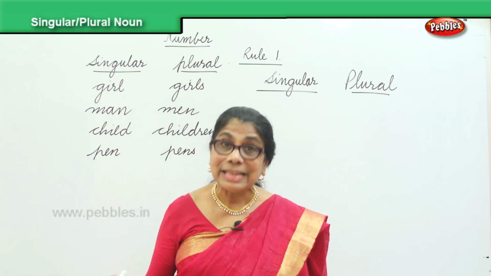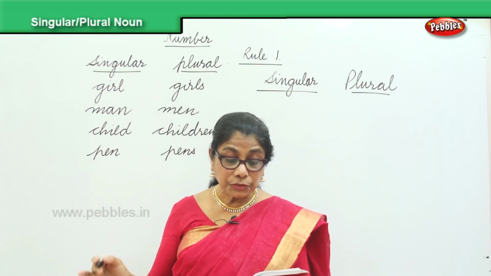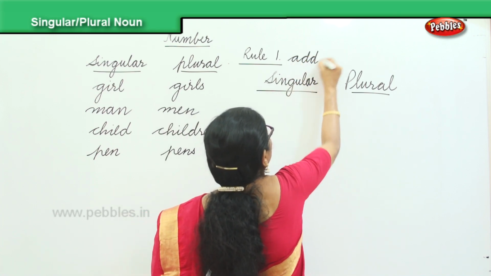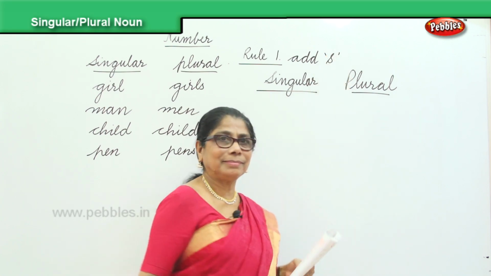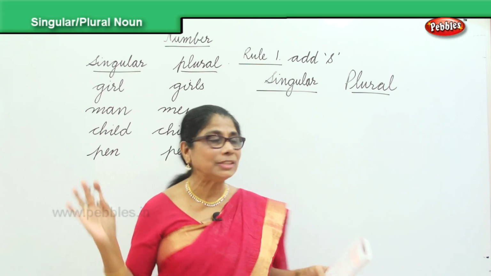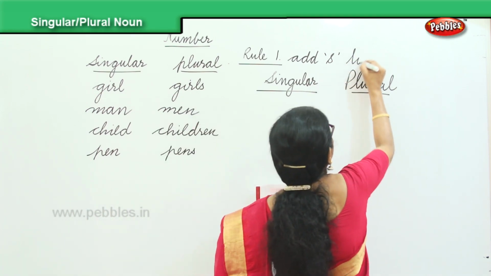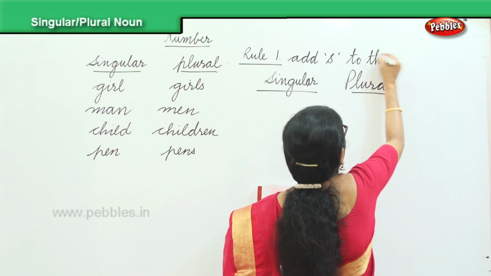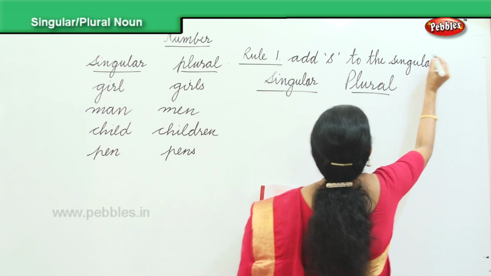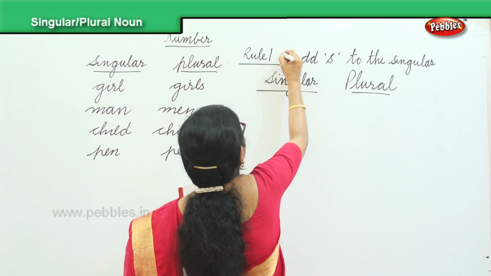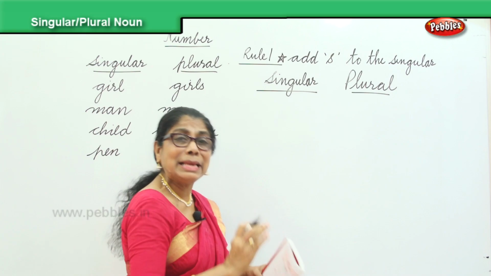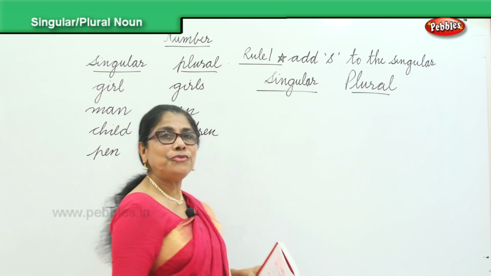Add s to the singular. You add s to the singular. That's all. And that's the rule number 1 that we are going to follow. So if you have a singular noun, we are simply going to add s to form the plural.